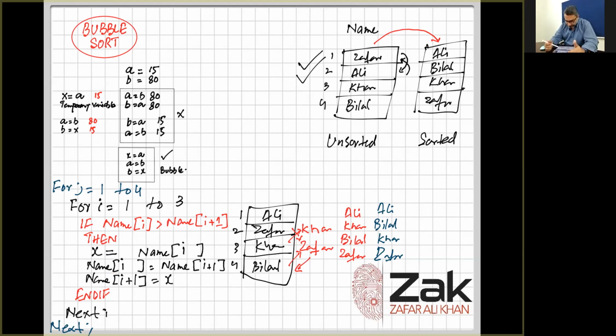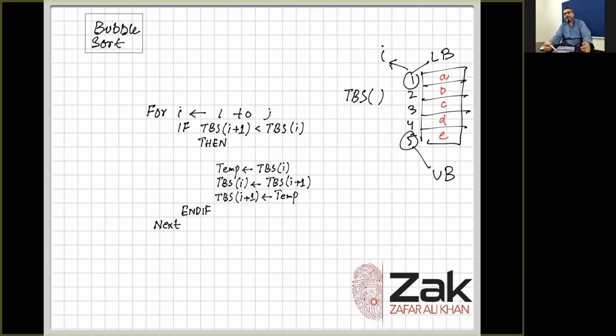Now let's revise it. The first thing I told you is about the array. Let's say this is an array to be sorted, TBS, which has 5 values. The lower bound is 1, the upper bound is 5.